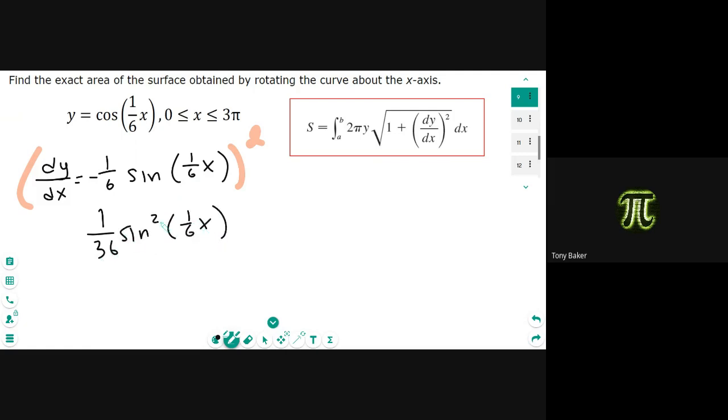Don't square the inside of the 1/6, otherwise you're wrong. Then plus 1, right? And now I have to add 1 to that. So I'm going to end up getting 36 plus sine squared of 1/6x over 36.